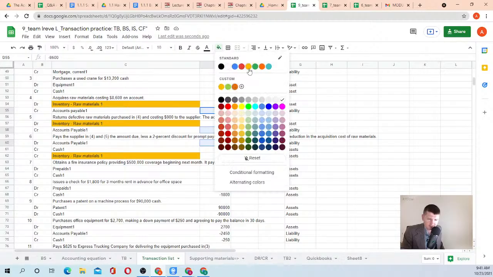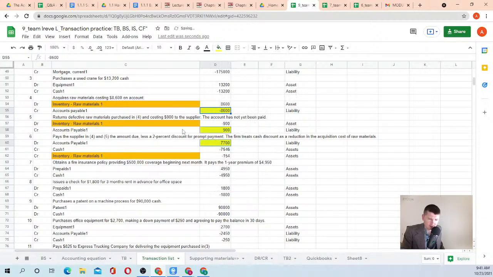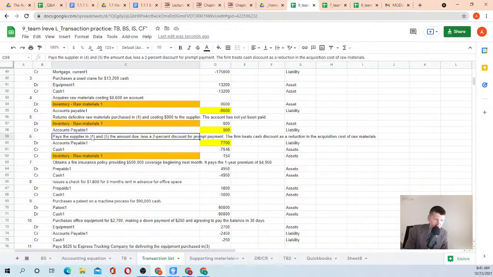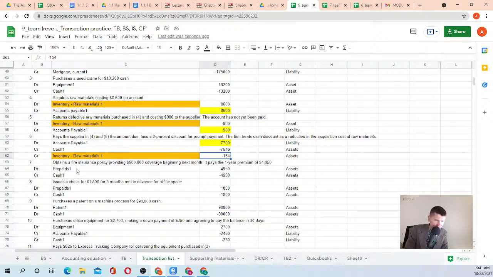Let me show where we got that. We paid 98%, so we got a 2% discount, so 98% we paid with cash. The other, as stated in the problem, we reduced the acquisition price for raw materials. So that's done, right.